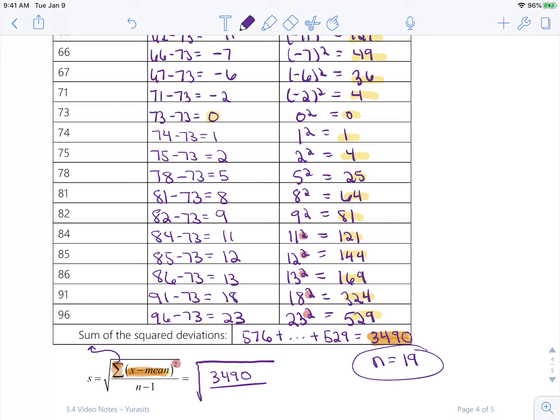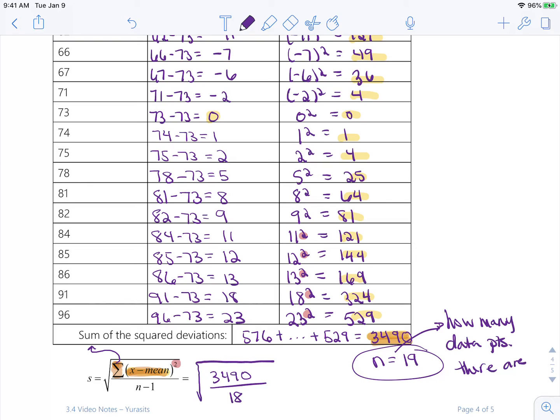So that's our n, how many data points there are. We always subtract one, less than what you have. So that's why we are going to divide by 18.